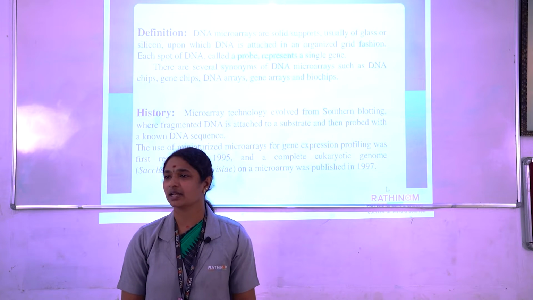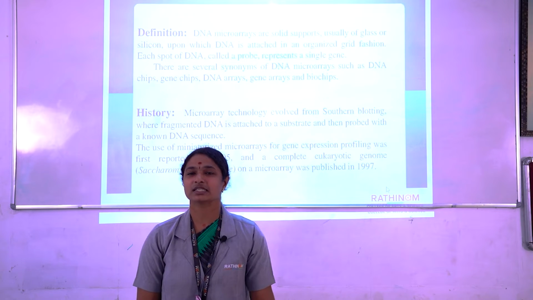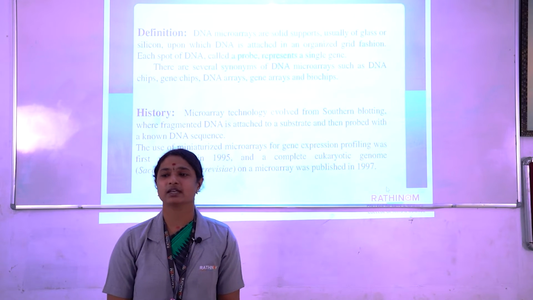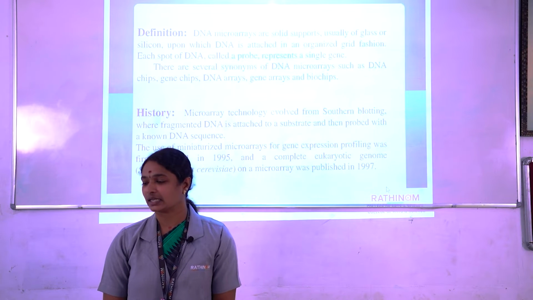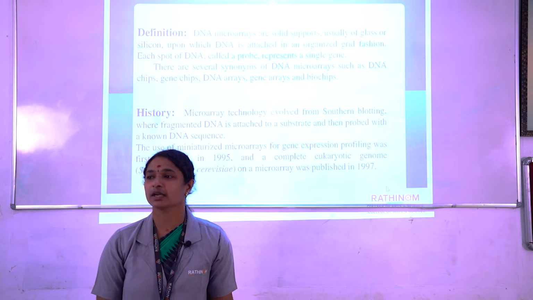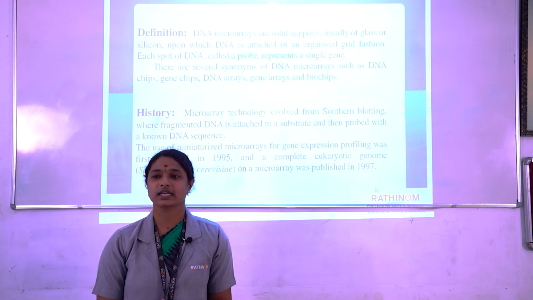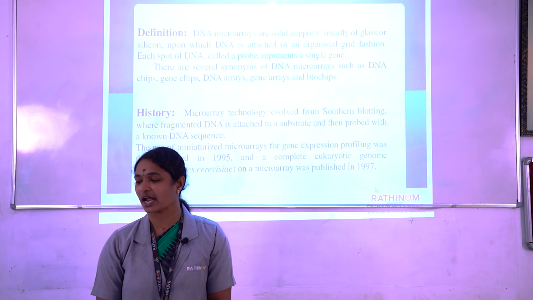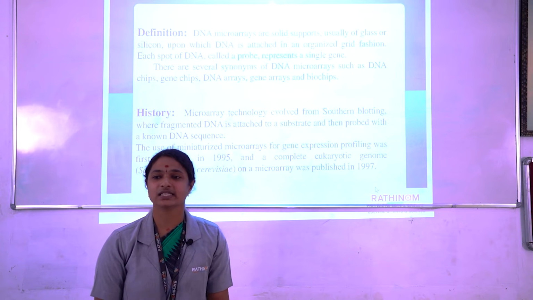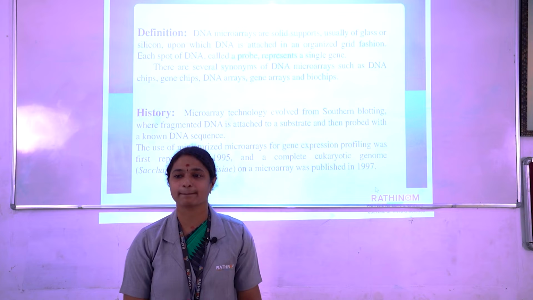As we discussed above, biochip, DNA chip and organ chip are all synonyms of this category. As for history, this technique came from Southern blotting. Southern blotting is the main technique from which the DNA microarray chip technique developed. In this technique the DNA fragments are attached and then probed with a known DNA sequence, which will be taken from the patient sample.